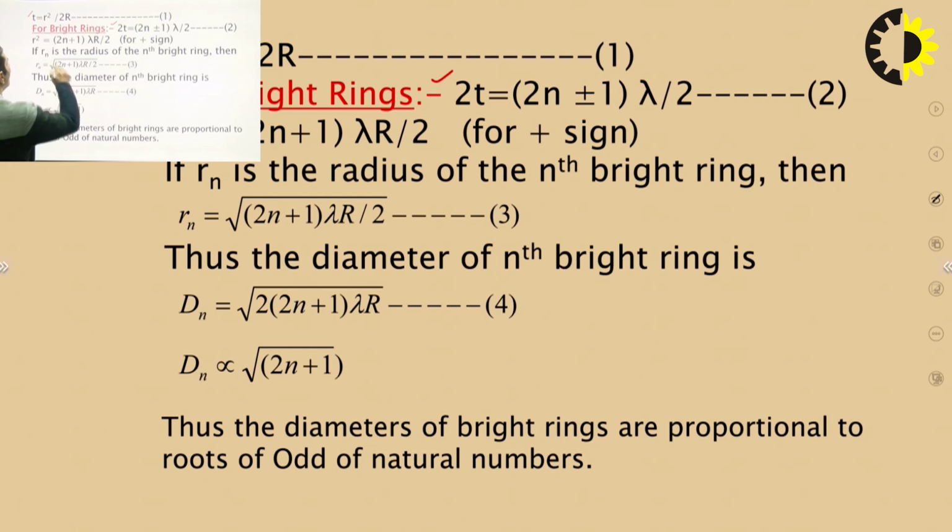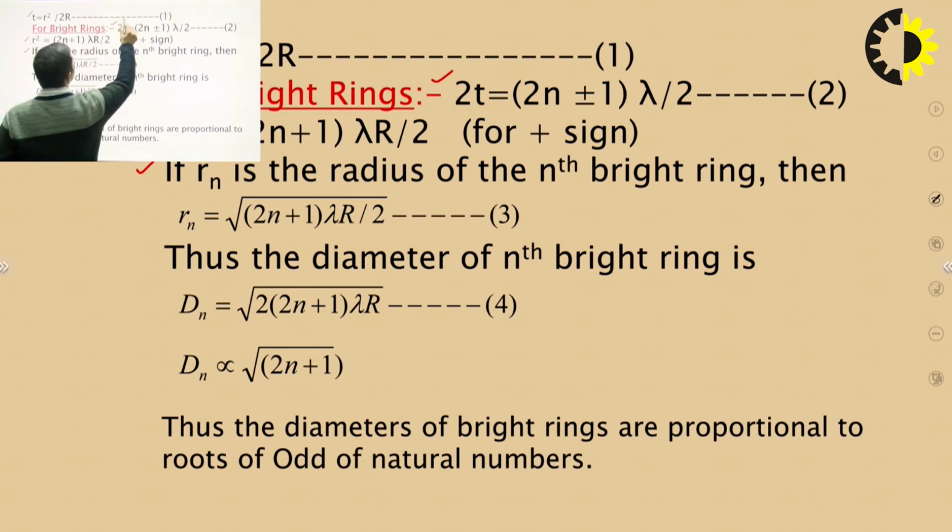And here r square will be equal to, if we take the plus sign, (2n plus 1) into lambda by 2. Now we will put this in the thickness here.